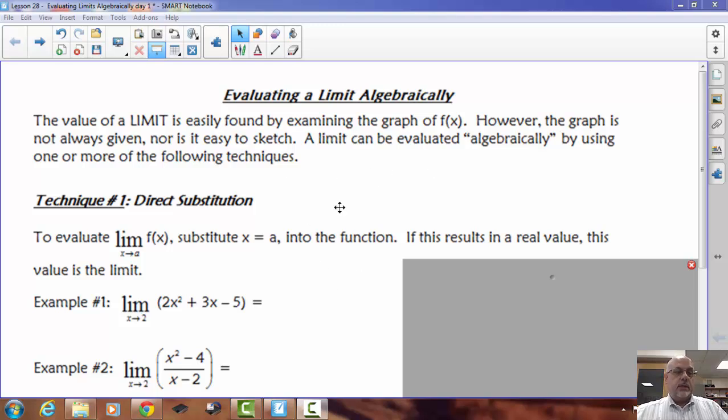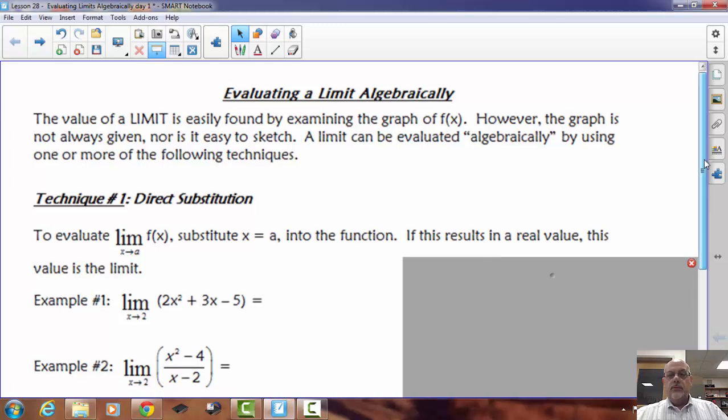First technique is direct substitution, and we're looking here to evaluate the limit as x approaches some value of a in the function f of x. So what you do is you take the a down here, the number under the limit symbol, and you substitute it into the function where the x appears.